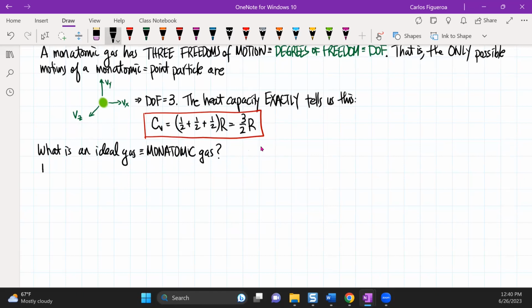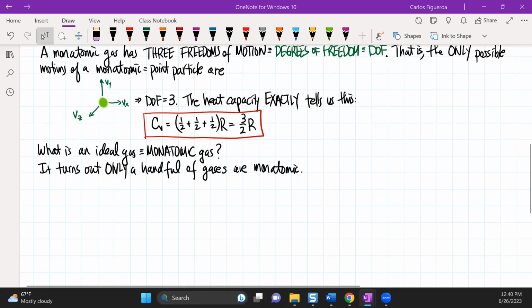So it turns out only a handful of gases are monatomic. And the ones you want to pay attention to are the ones on the periodic table.